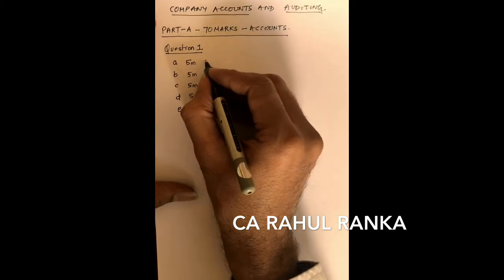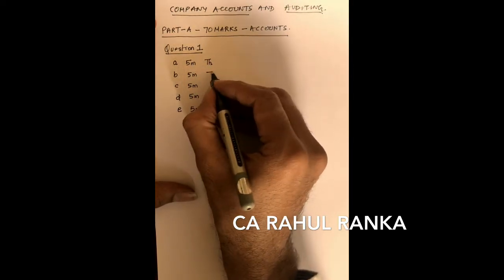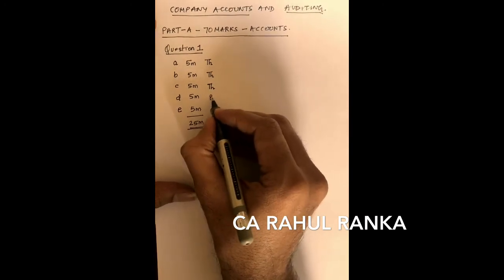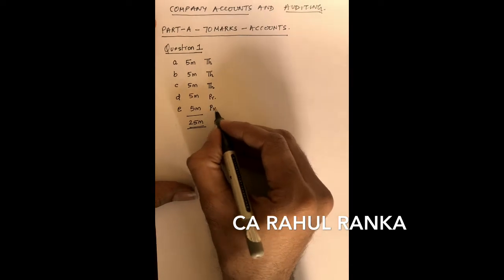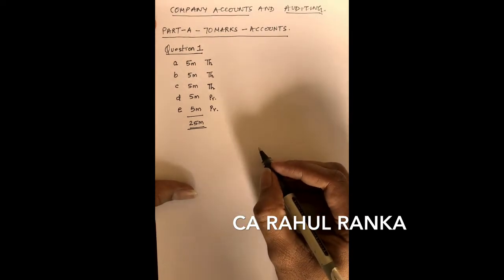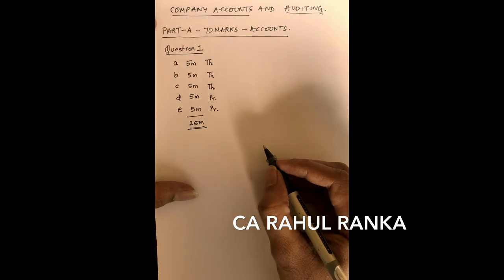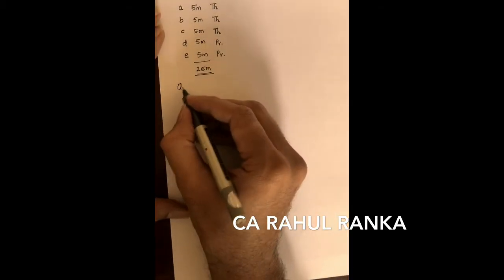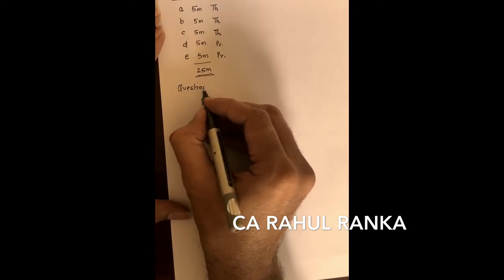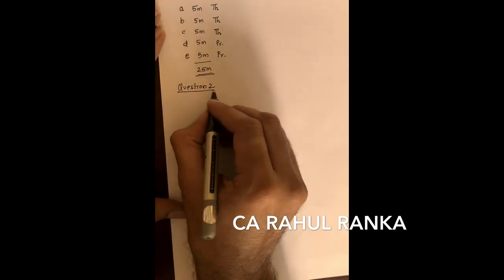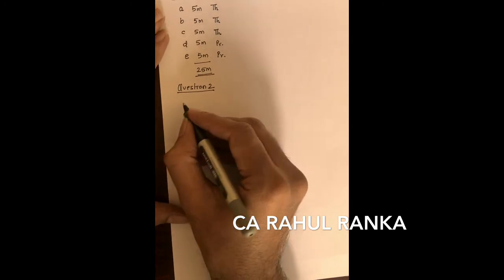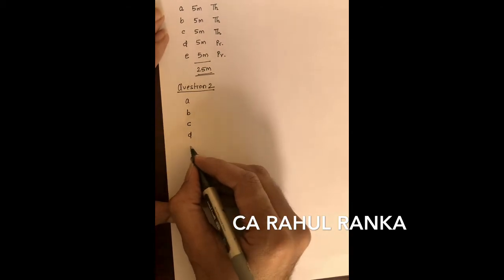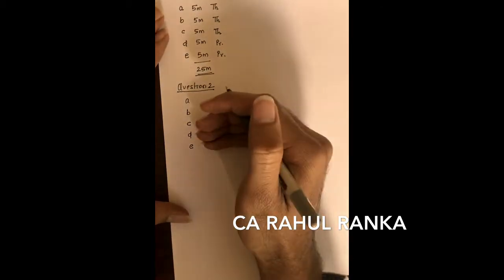Now the first three are going to be theory, and the fourth is most likely practical, and the last is definitely a practical question. So that's your question number 1. Now moving to question number 2. In question number 2, we will have A, B, C, D and E, just like question number 1.